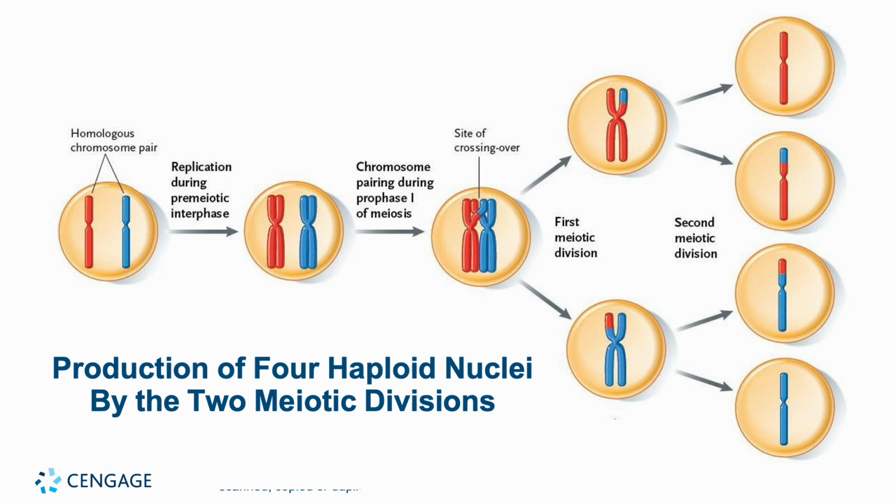Okay, so yung first difference ng meiosis sa mitosis is that meiosis has two cell divisions. We have the first meiotic division and then the second meiotic division. The first meiotic division produces two daughter cells.